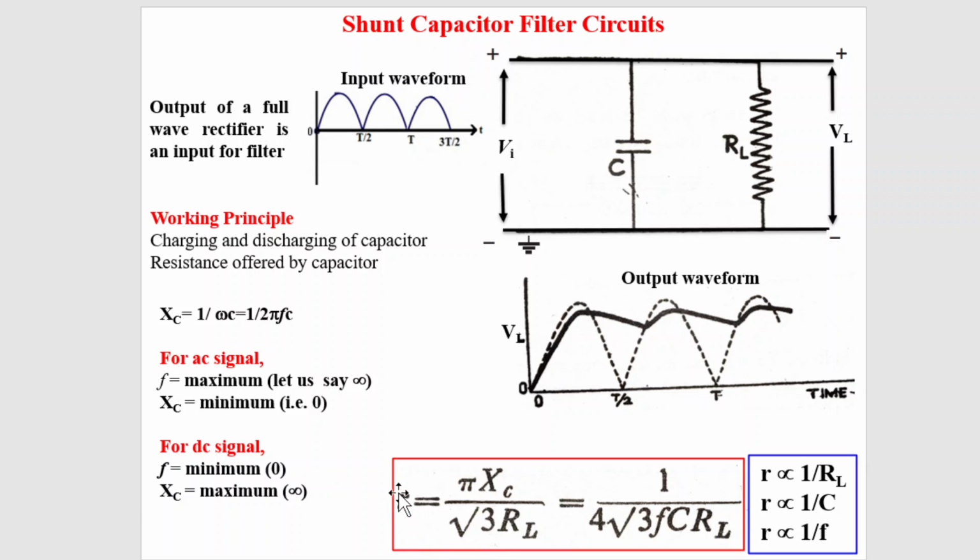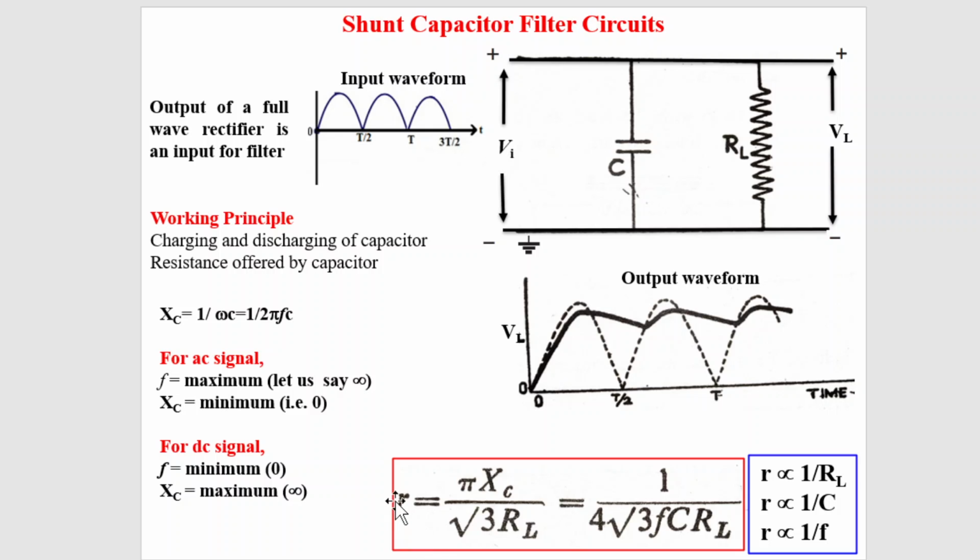Or we can write, if you substitute the value of Xc, that is 1 upon 2πfC. I think this should be 2, here it is written 4, it should be 2. Because this 2 and this 2 will come, and this π and this π will be cancelled out. So it should be 1 upon 2√3 f C RL.